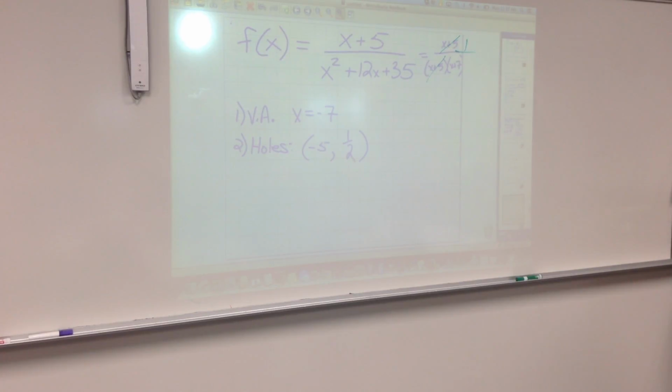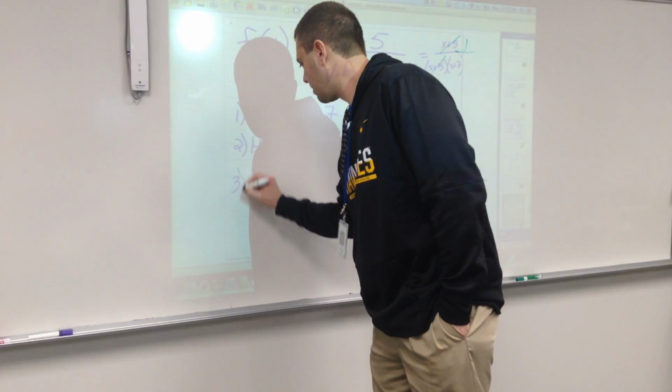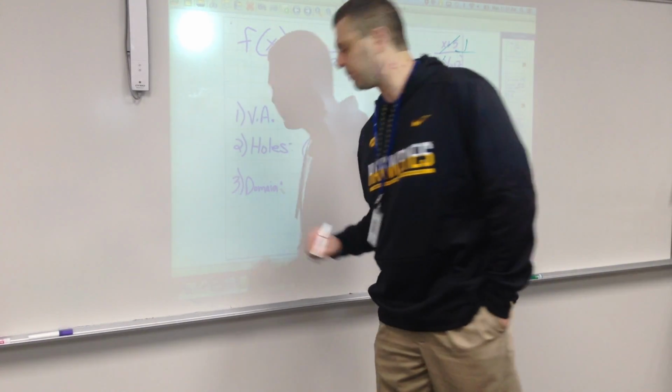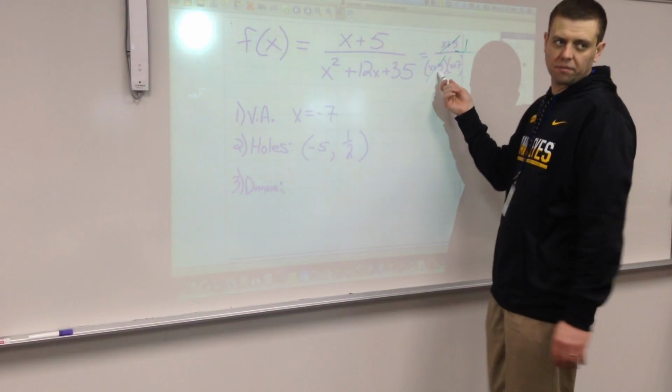Okay. Let's do the domain of this thing. What's domain again? X values. Values you can substitute in for x and you'll expect to get an answer for y. Well, what values can I plug in for x and get an answer for y? All of them except -5 and -7, right? If I try plugging in -5, I'm going to get undefined.